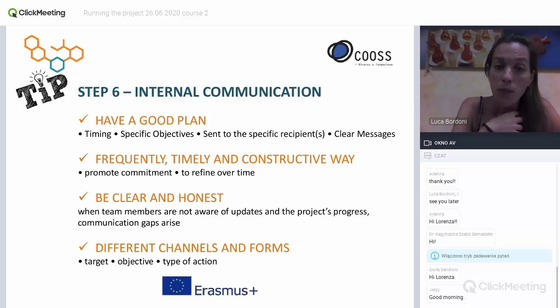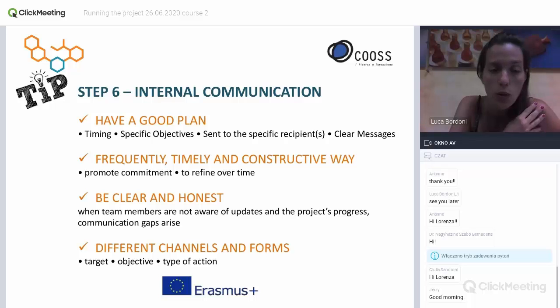That means if I have a problem with a partner, I do not involve in my messages all the team, but probably I try to solve the conflict with the partner who has the problem, for example, and always give clear messages in order to have a reaction, an effective reaction.